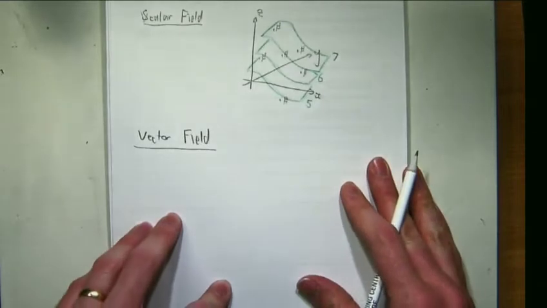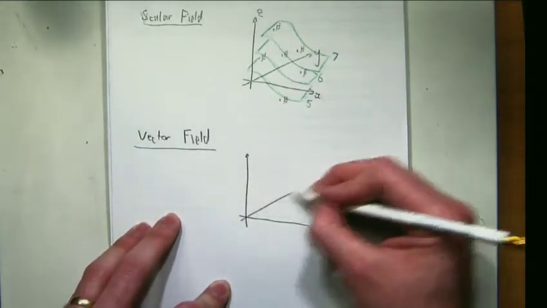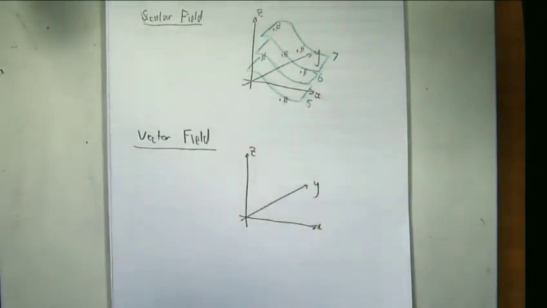A vector field is pretty much the same, except instead of every point being given a number, every point has a vector. So what you do is at every point in space, you take that point and use its coordinates to create a vector which corresponds to some sort of direction from that point.